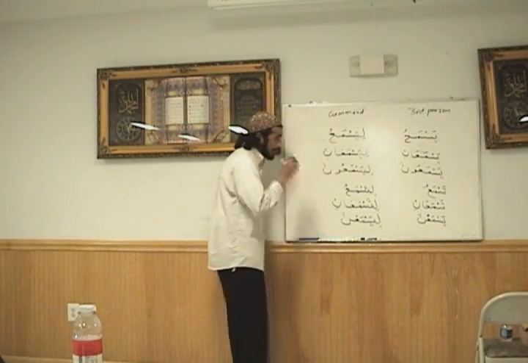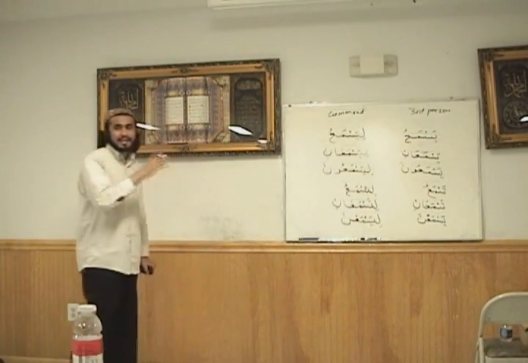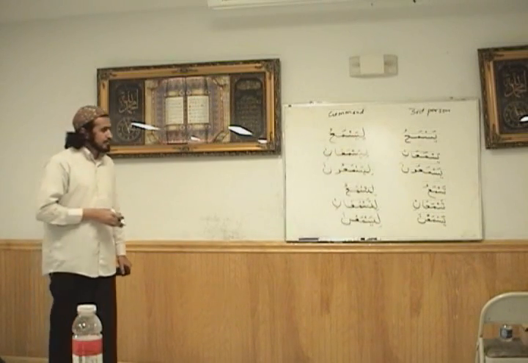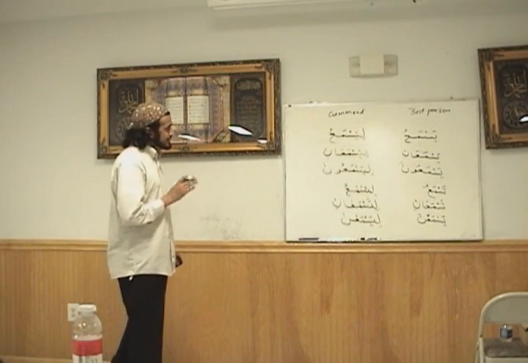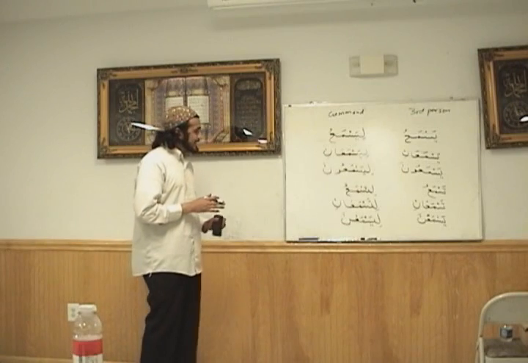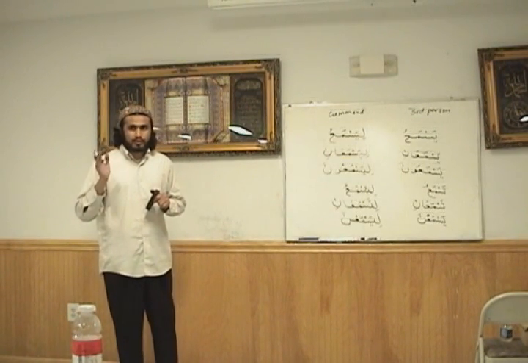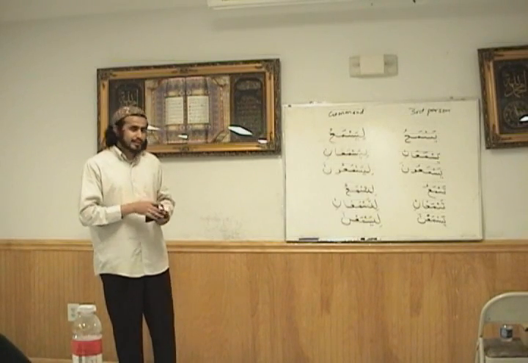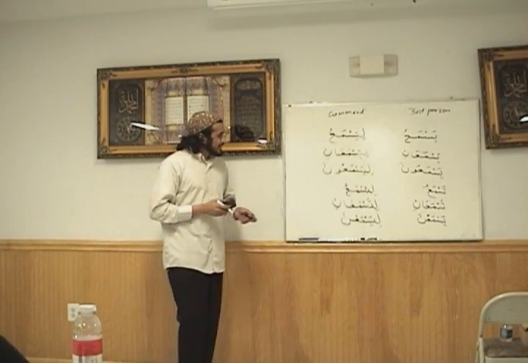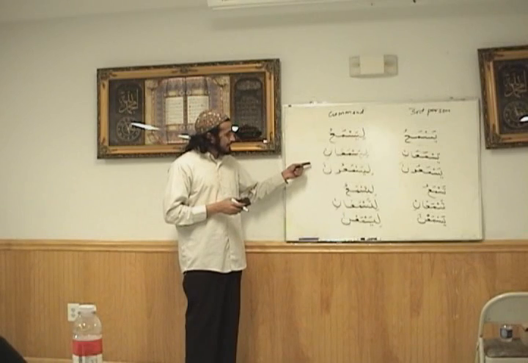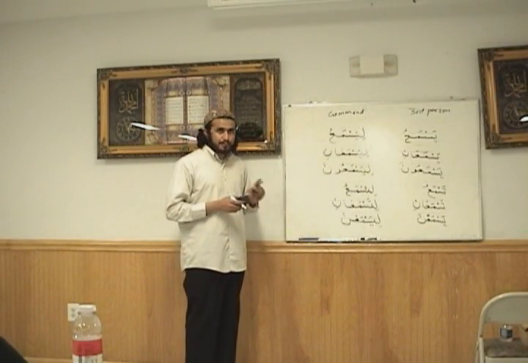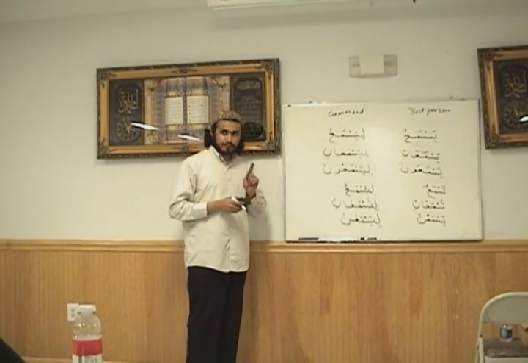Okay. First step is very easy. Add an alif at the beginning. Second step, again do the exact same thing at the end that you did for the second person. If there is a noon, get rid of the noon, except one noon you don't get rid of.